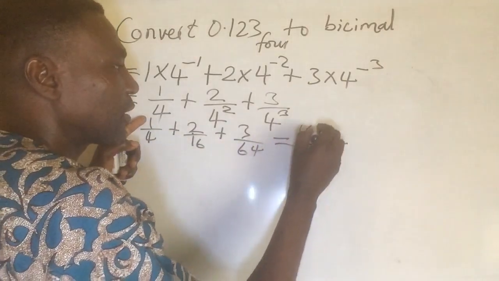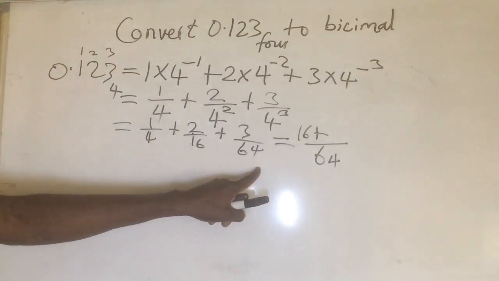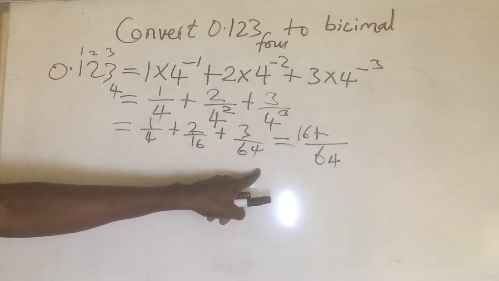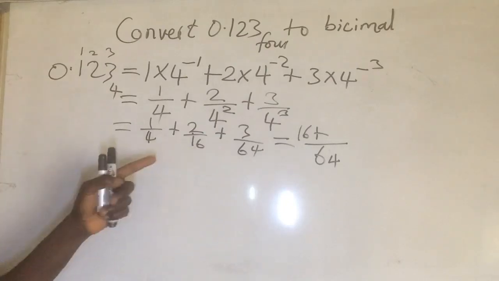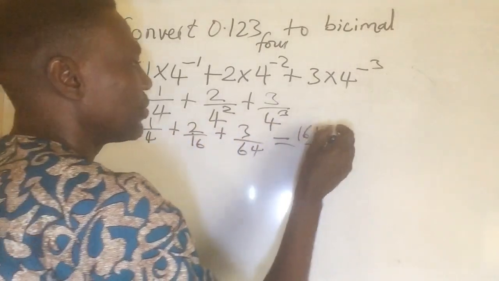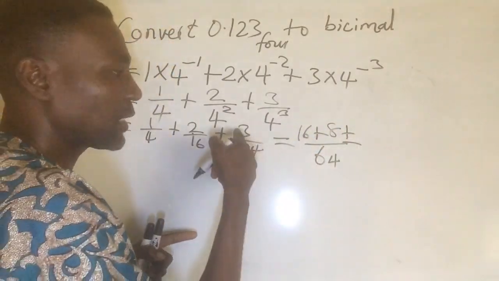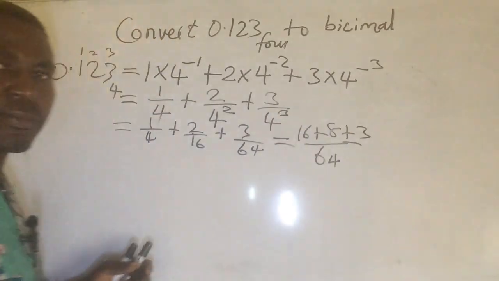It will now be 16 plus, 64 divided by 16, what do we get? We get 4, right? We now use the 4 times the 2 up, so it will be 4 times 2 to be 8, plus 64 divided by 64, 1 times 3 up, it will be 3.